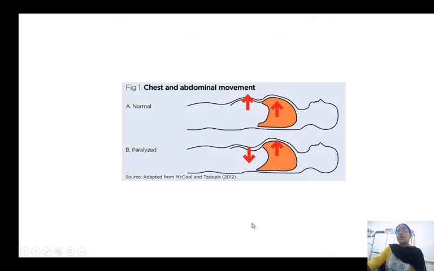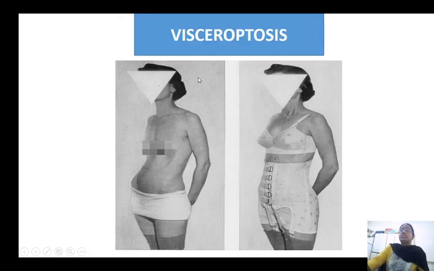One more is visceroptosis. What is visceroptosis? Normally, the anterior abdominal muscles give tonicity to the abdominal wall. But in females, after three or four pregnancies, the tonicity is lost.